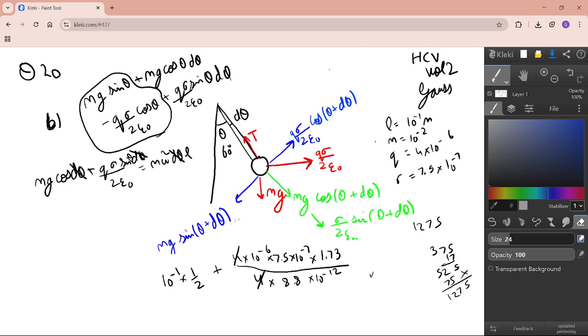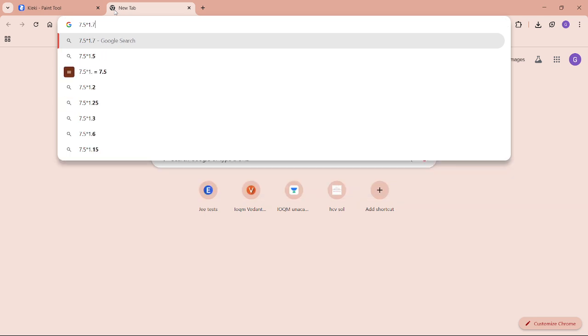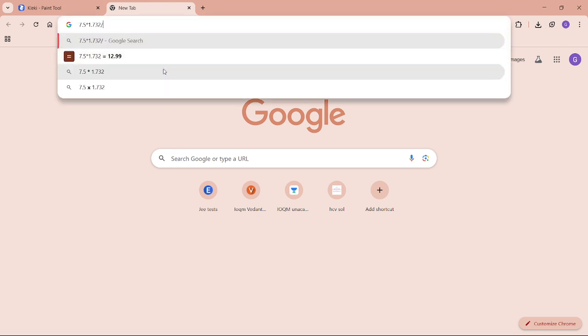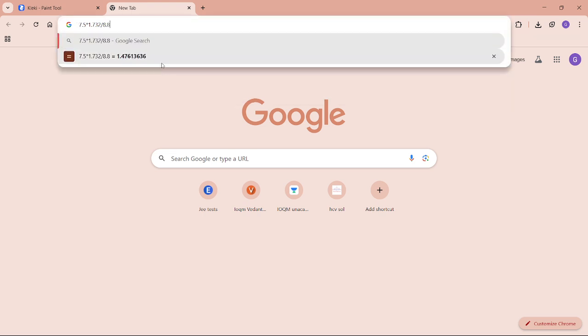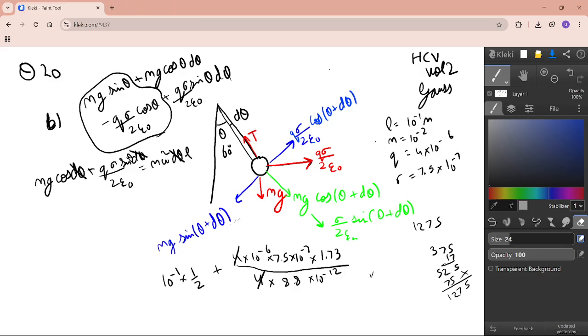What mistake have I done? Let's use the calculator. 7.5 times 1.732 by pi. Now we are getting 1.47. I think we're right then. I think I did not do any mistake.